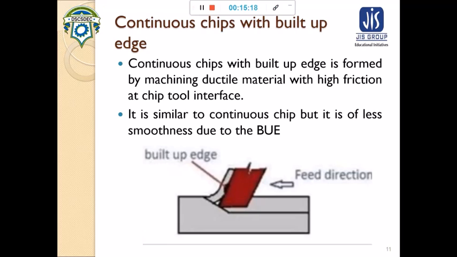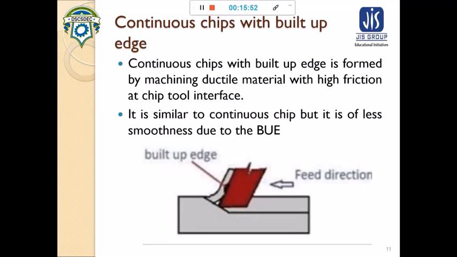Built-up edge formation is not a good phenomenon, because due to it the tool wear is increased very much. So built-up edge formation should be avoided. It is mainly due to machining of ductile material with high friction at the chip-tool interface.